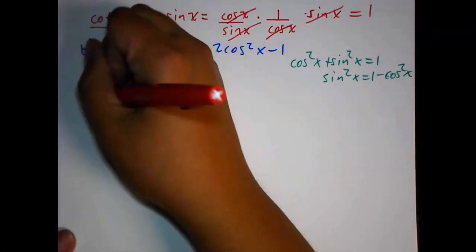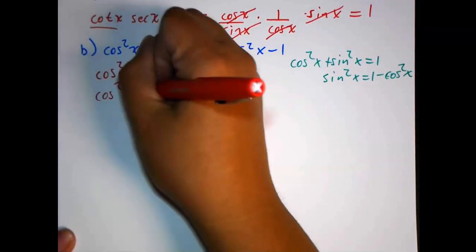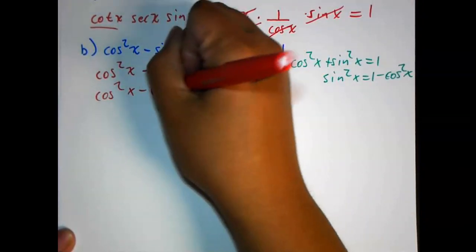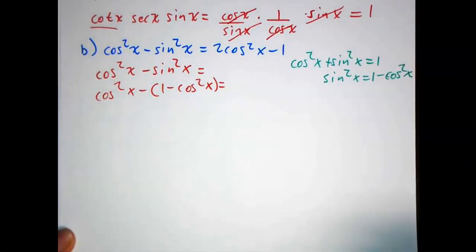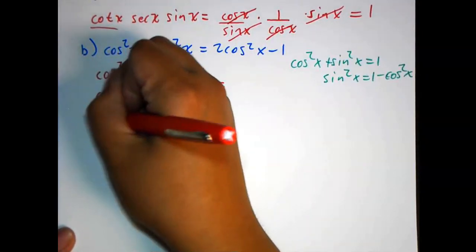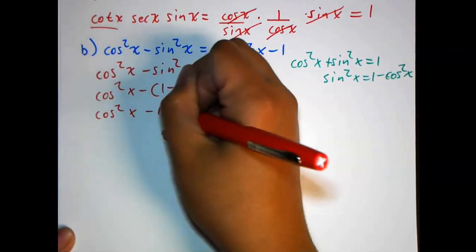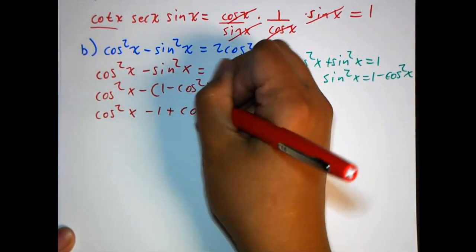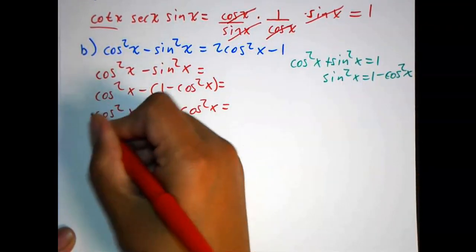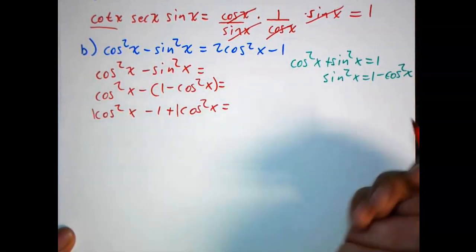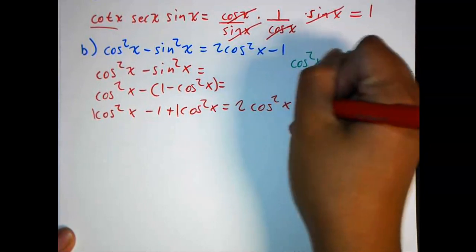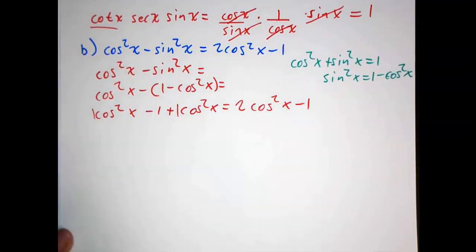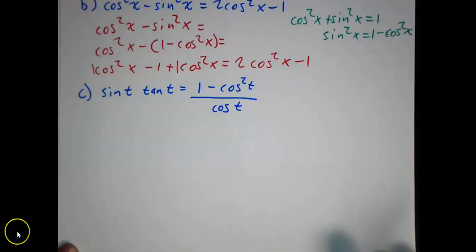So now I have cosine squared of x minus 1 minus cosine squared of x. I'm going to distribute the negatives, so then I have cosine squared of x minus 1 plus cosine squared of x. Cosine squared of x plus another cosine squared of x becomes 2 cosine squared of x minus 1, and that's where I wanted it to end.